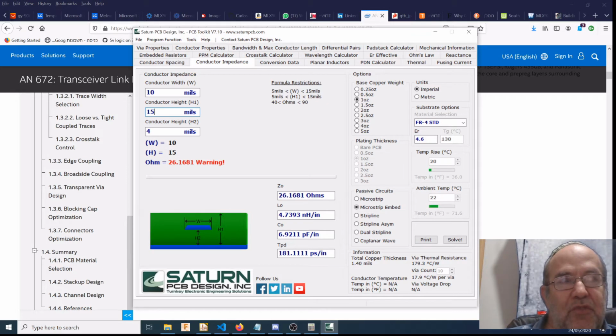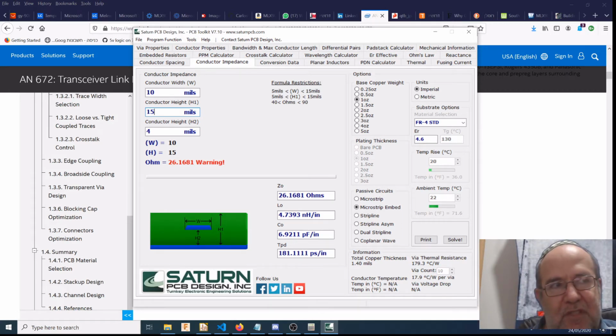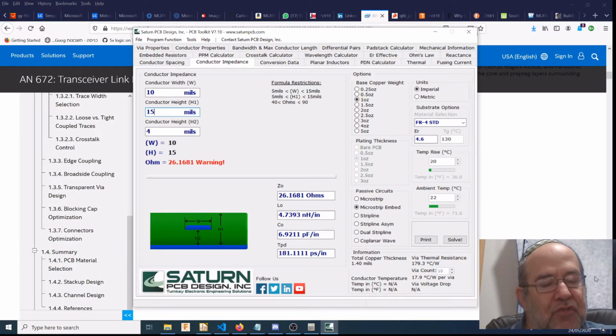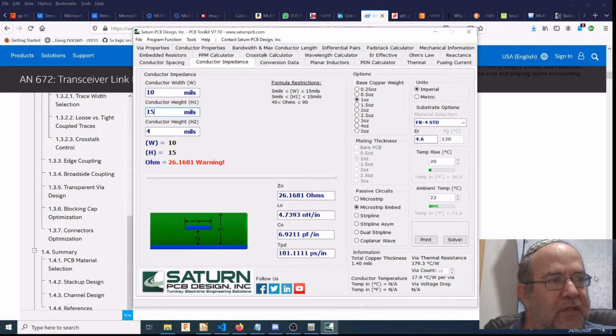And on top of this, you want to keep the delays correct. Now let's make the assumption that at some point in the lifespan of your product, you need to change PCB manufacturers, and the PCB manufacturers that you're changing to are unable to create your original stack up.